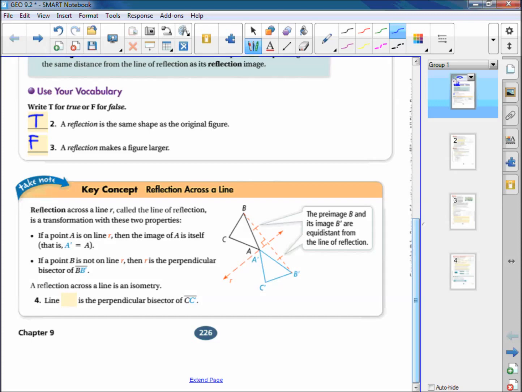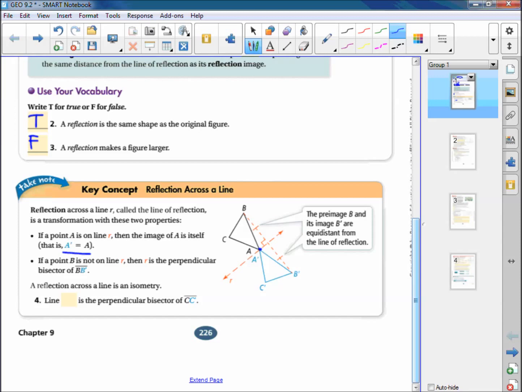All right, key concept here, reflection across a line. Reflection across a line R, called the line of reflection, is a transformation with the following 2 properties. If a point A is on the line R, then the image of A is itself. So A and A prime are going to be exactly in the same spot.